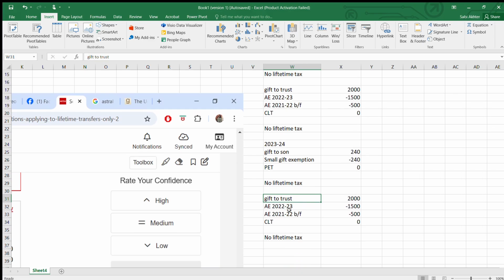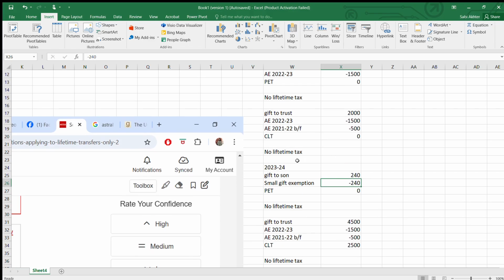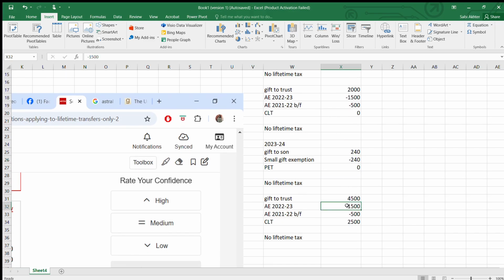Okay. So gift to trust is 4,500. You can use your current annual exempt amount because you see here you claimed the small gift exemption, not the annual exempt amount, in this tax year 2023-24. So here I can utilize the current annual exempt amount 3,000.